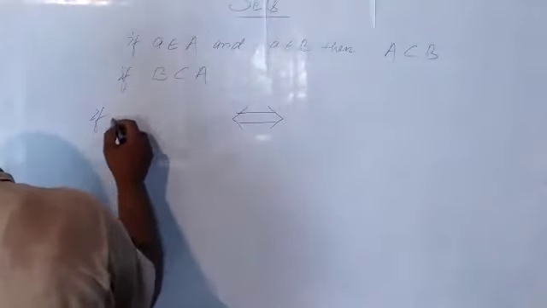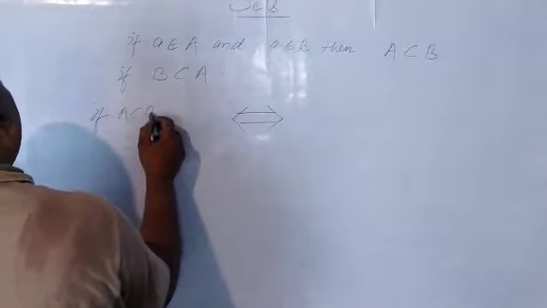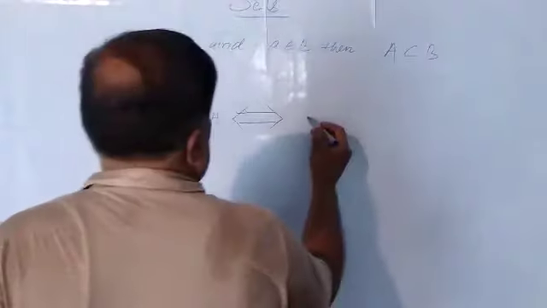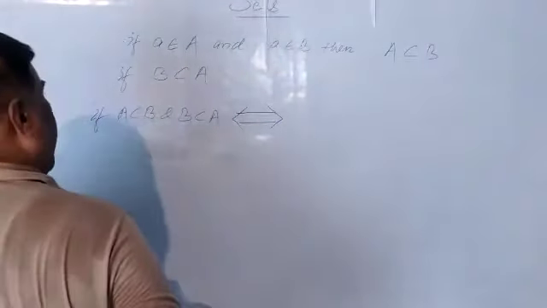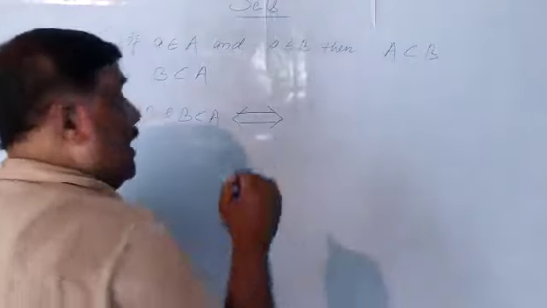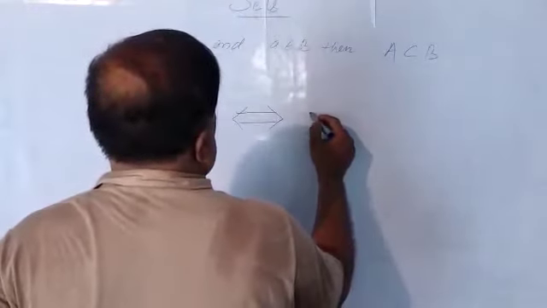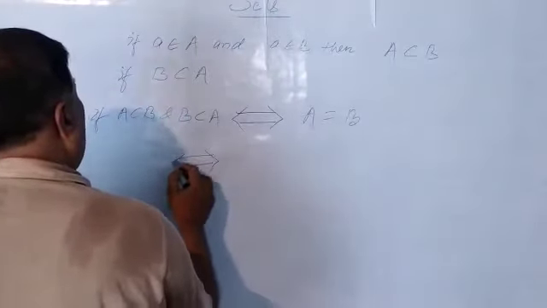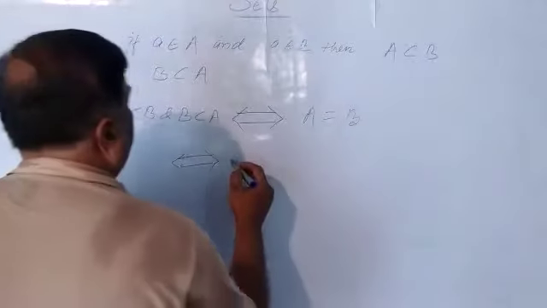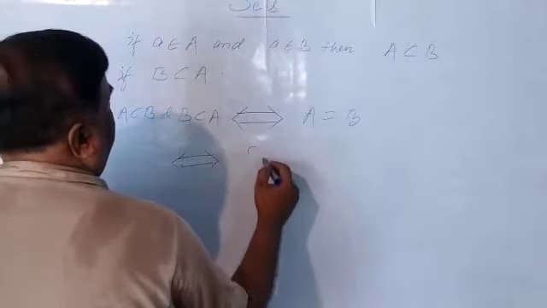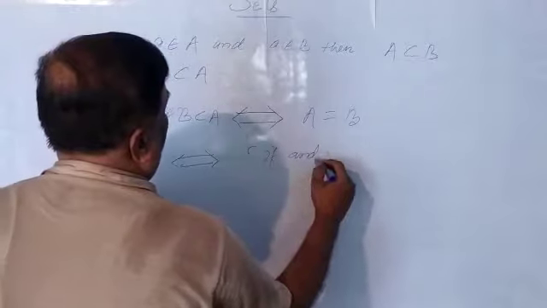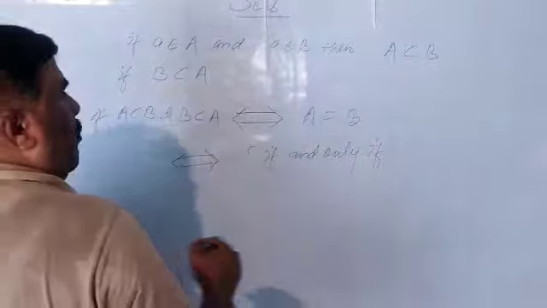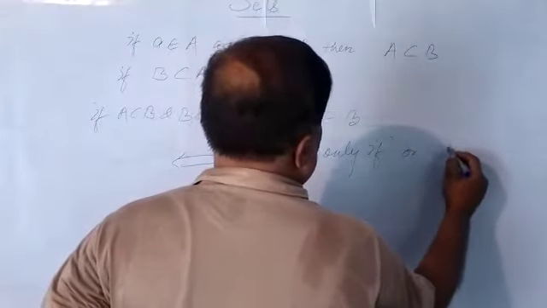If A is a subset of B and B is a subset of A, then if and only if A is equal to B. This symbol is used for the statement "if and only if", briefly written as iff.